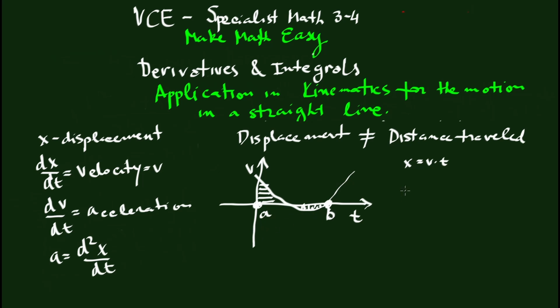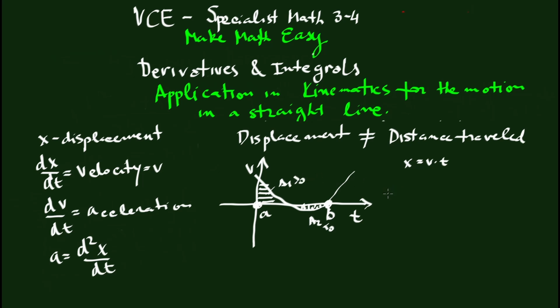So if we look at it now and put the displacement, this is negative, say A2 is negative, and this is A1, which is positive.